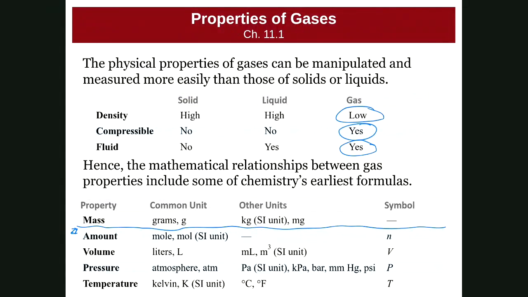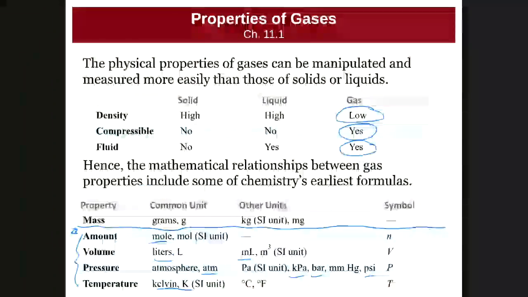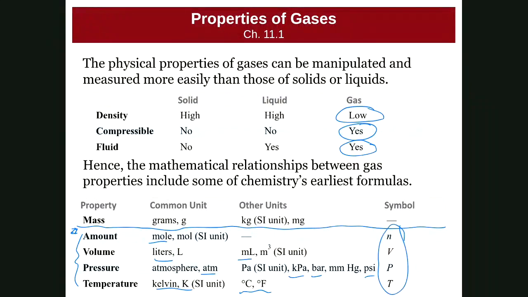So the 4 that are really important are the amount in moles, the volume, usually in liters or milliliters, the pressure in atmospheres or kilopascals or bars or psi, which are all different units of pressure, and temperature, which for most of our equations is going to have to be in Kelvin, not degrees Celsius or Fahrenheit, though it might be given in degrees Celsius or Fahrenheit in the problem and you have to convert it. So these are our main 4 properties that we're going to talk about.